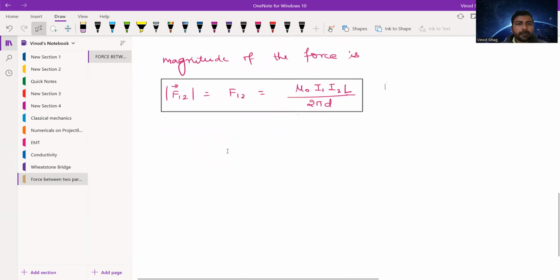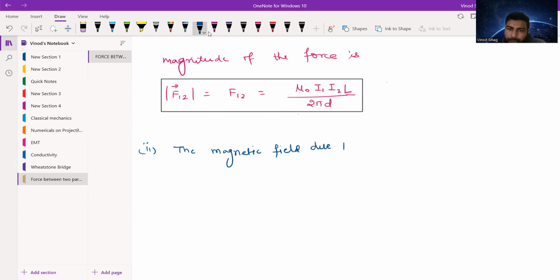Now, the second point is the magnetic field due to conductor 2 towards conductor 1.